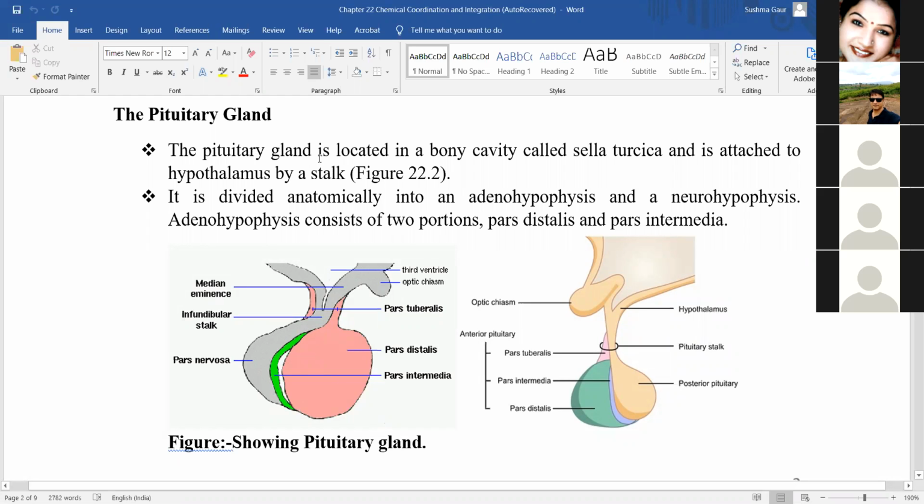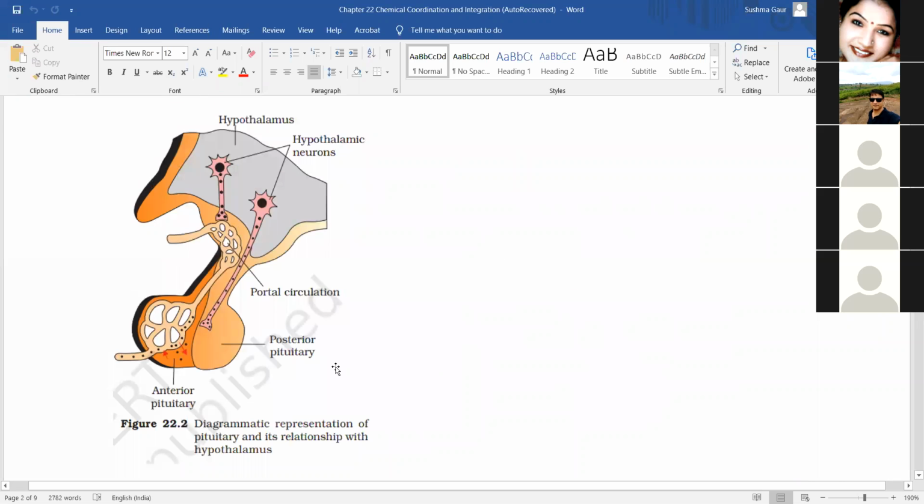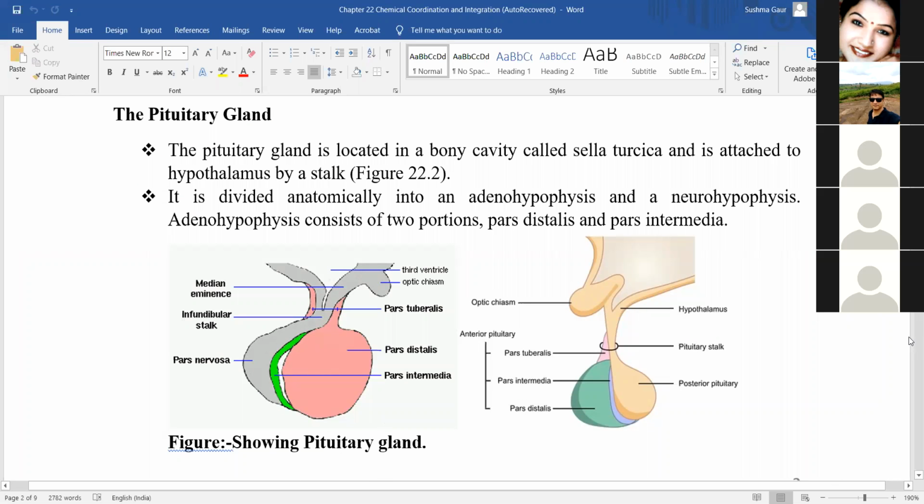It is located in a bony cavity known as sella turcica, and it is attached to the hypothalamus with the help of a stalk. Here you can see the pituitary gland. It is connected to the hypothalamus with the help of a stalk. This stalk like structure acts as a connection between this and the hypothalamus.